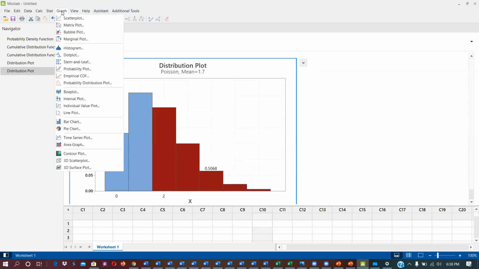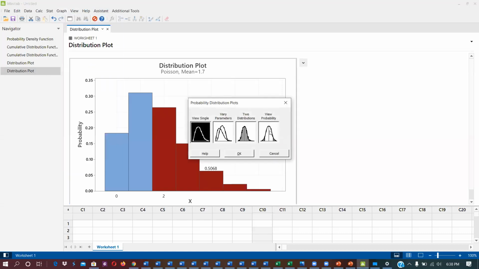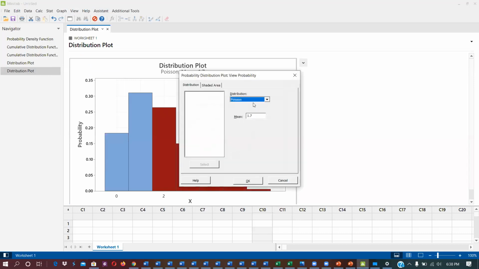So again, we go in probability distribution. We have all the options. And we have Poisson, cumulative Poisson.